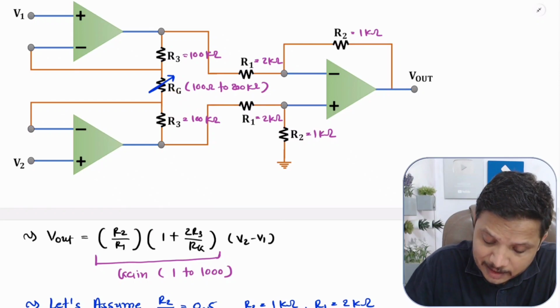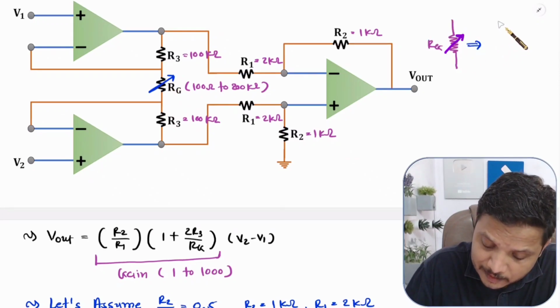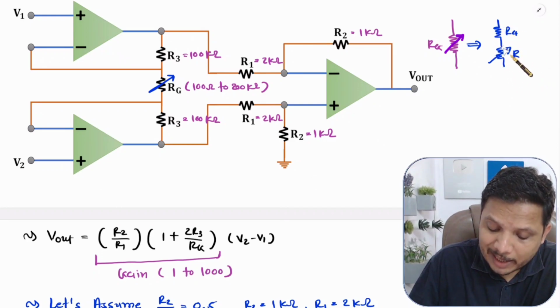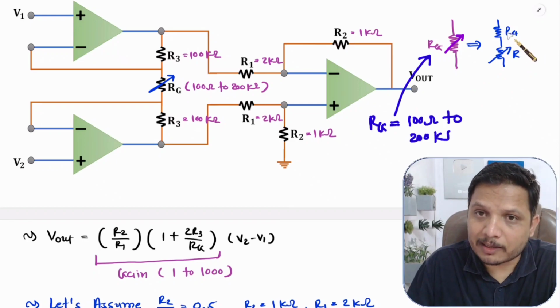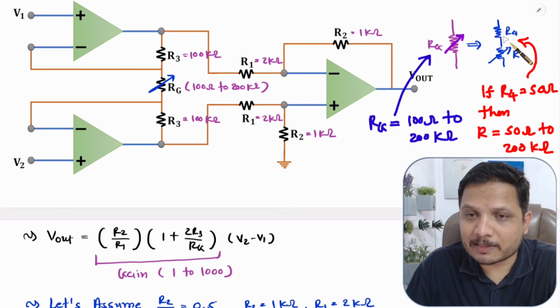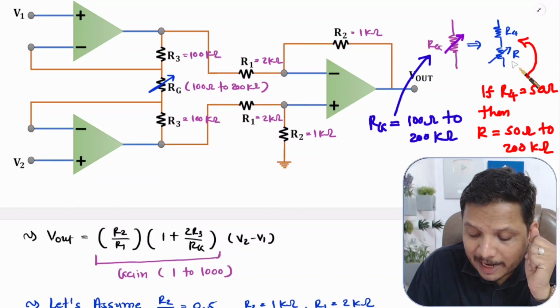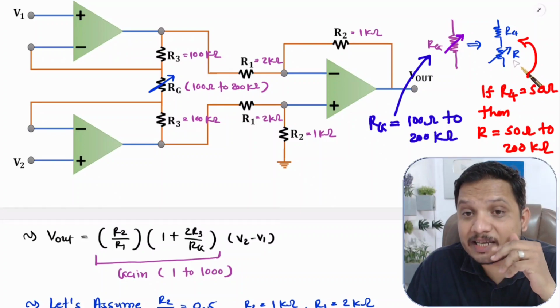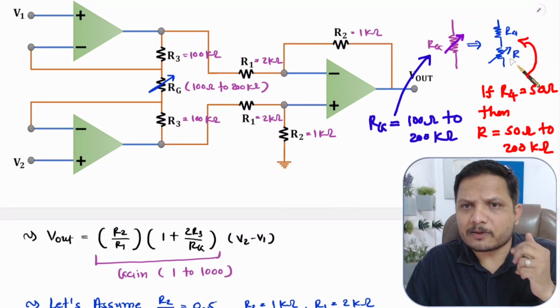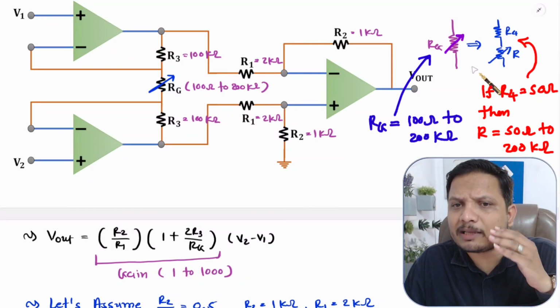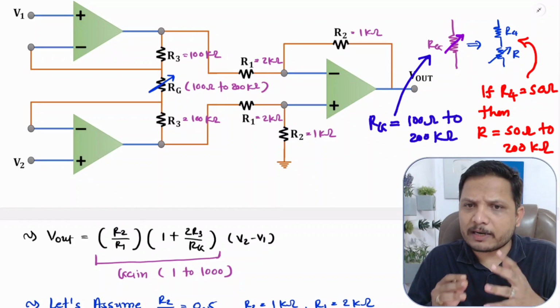So instead of Rg, sometimes they may give you a series combination of fixed resistor R4 in series with one variable resistor R. So here accordingly you will have to do calculation where R4 is fixed, that you can assume as per your understanding in terms of calibration, and based on that you will be getting value of R, which will be changing gain over here, right? So that is how you need to have some modification in circuit as and when some other components are given to you. I hope you have understood all those things.